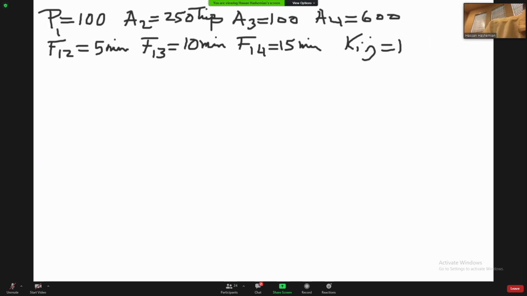Okay. Now they say calculate the values of the interchanges.